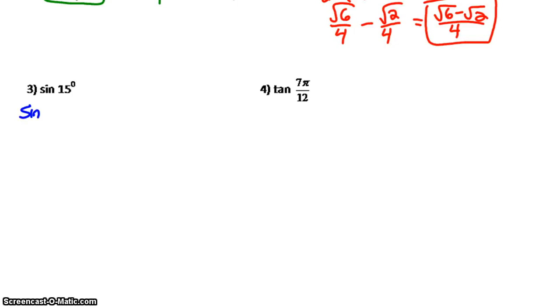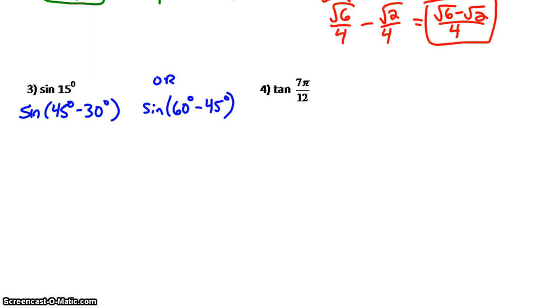I could take sine of 45 degrees and subtract 30 degrees from it, or I could have chosen to get the 60 involved because he's been kind of lonely up there. 60, and from that I could subtract 45 degrees. So I've got a couple of choices here to use.